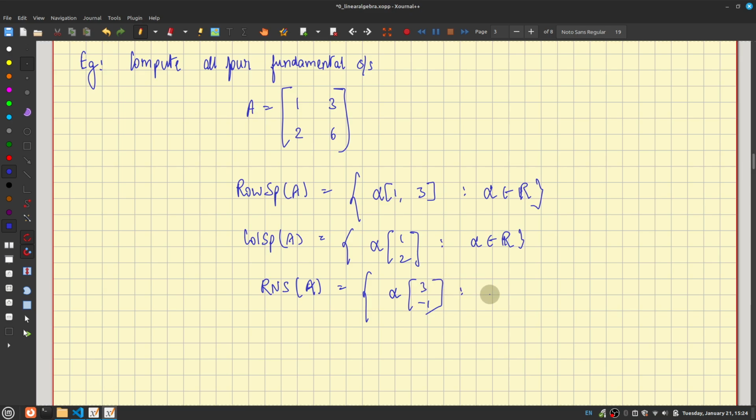So alpha times this, for all alpha in R, is equal to the right null space. And for the left null space, you can take 2 comma minus 1. Okay, good. So now we are all comfortable with these subspaces, right?